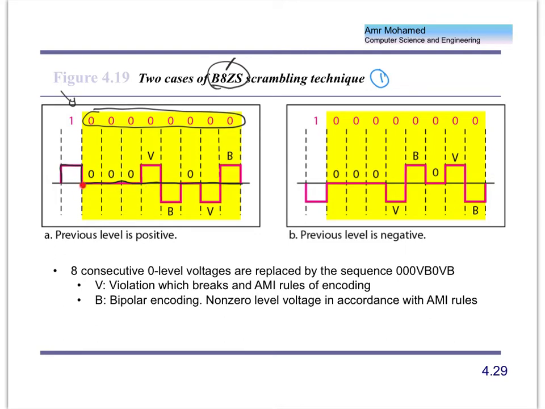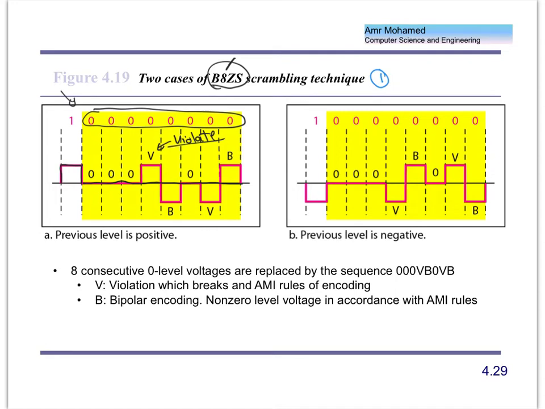The first 3 zeros will have 0 voltage, and then we will replace the 4th voltage level with something called a violate. Why is it called violate? Because if you look at this voltage level, you will see that it is similar to the voltage level of the one before it.